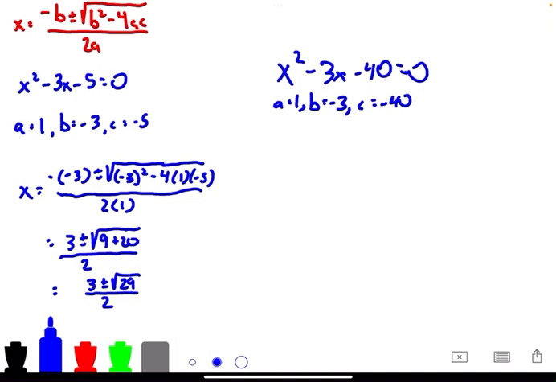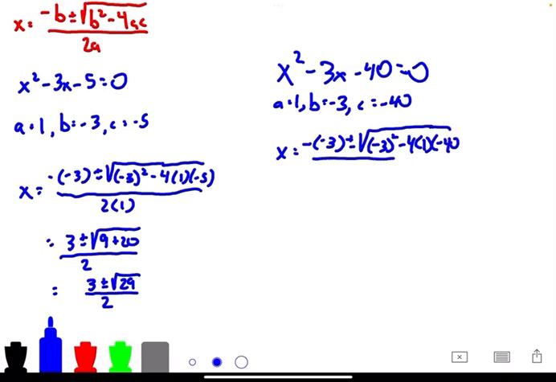So we go directly to our formula. x is equal to the opposite of negative 3 plus or minus the square root of b squared minus 4ac, 4 times 1 times negative 40. All of this is over 2 times 1.